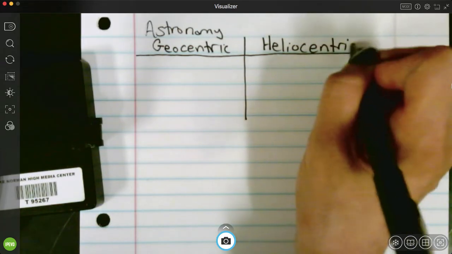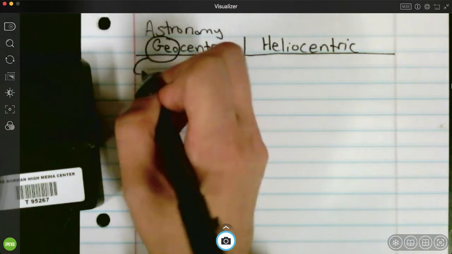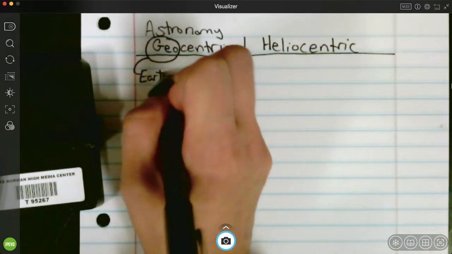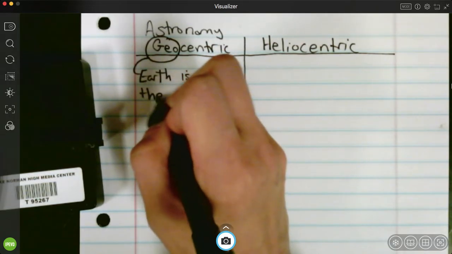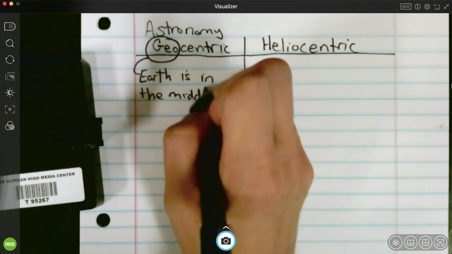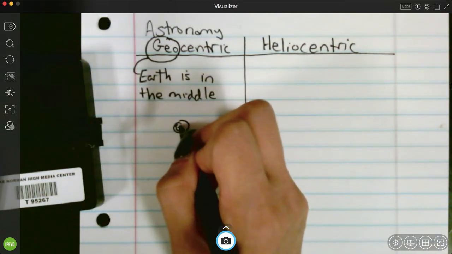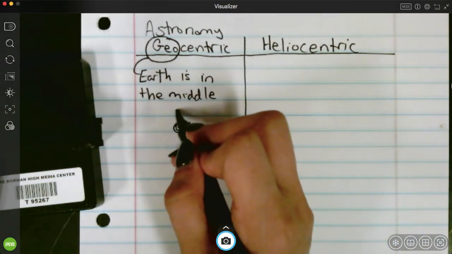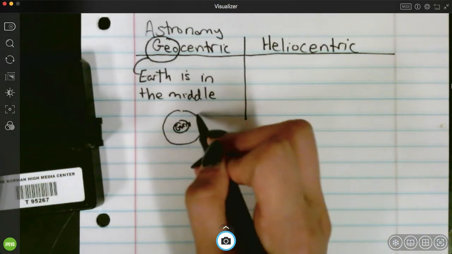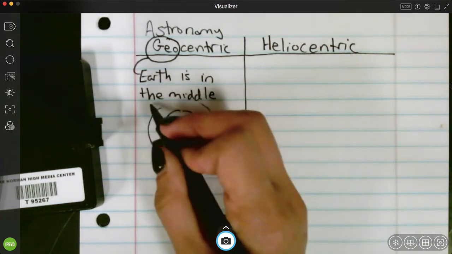So geocentric, you remember that geo means Earth. So in a geocentric model of the universe, the Earth is in the middle, and things like the sun and other planets orbit around it.